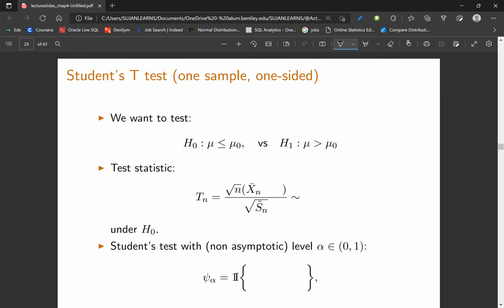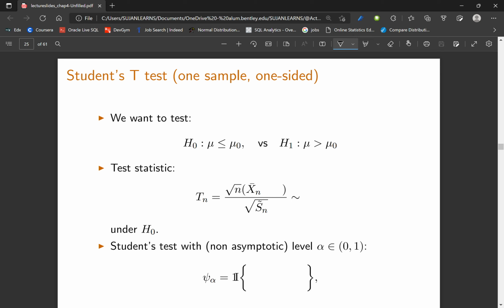Today we'll be talking about Student's t-test for one sample and one-sided. How do we do this? In this one-sided and one-sample test, we have two options for the hypothesis test. For the null hypothesis, we have mu is smaller or equal to mu 0, and the alternative hypothesis is mu greater than mu 0.